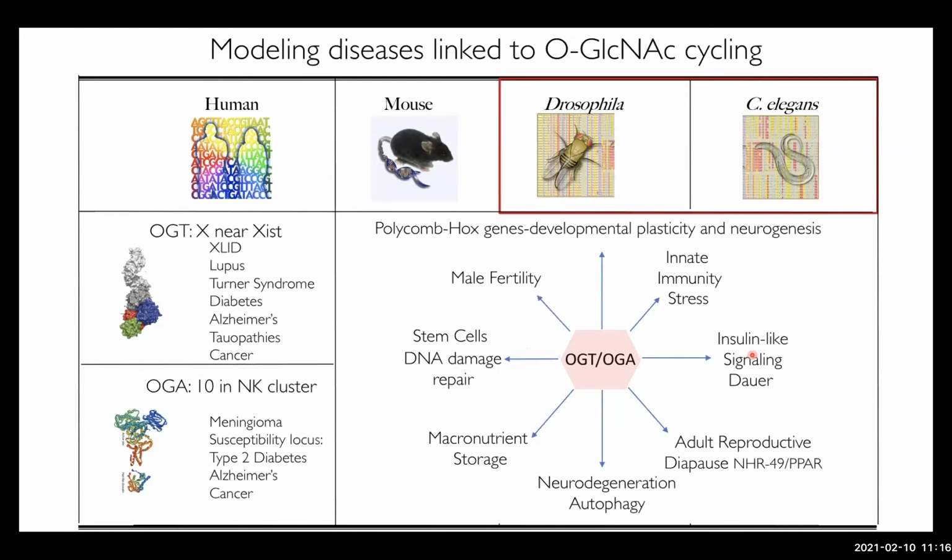So we've used these model systems to look genetically, and genetics provides a wonderful way of surveying the ground.